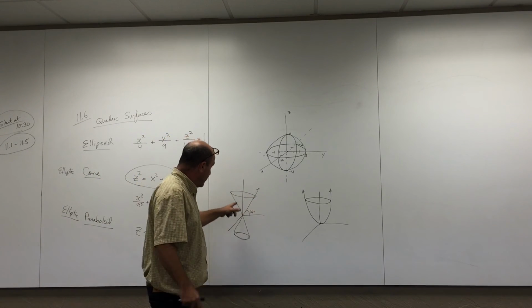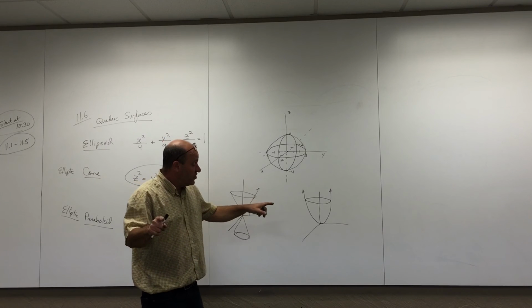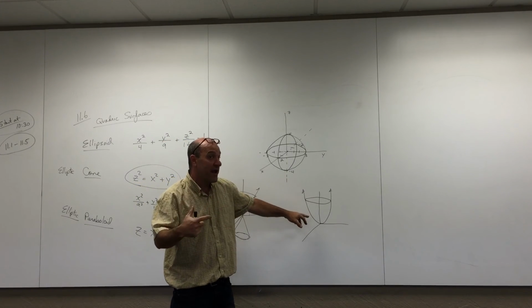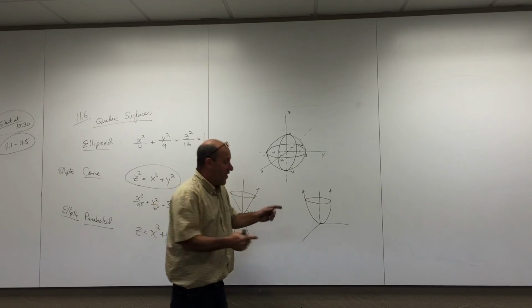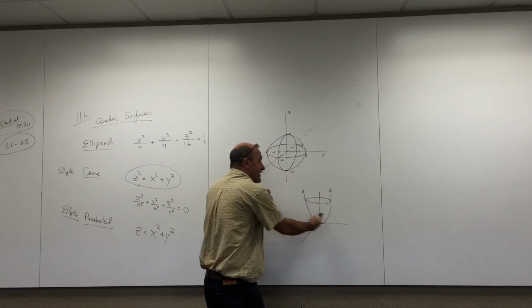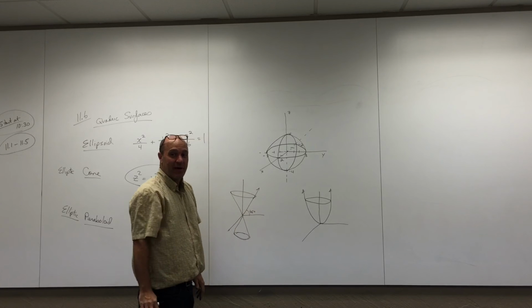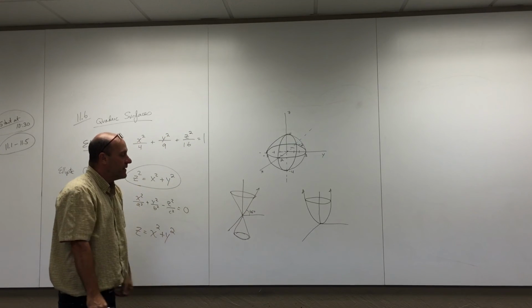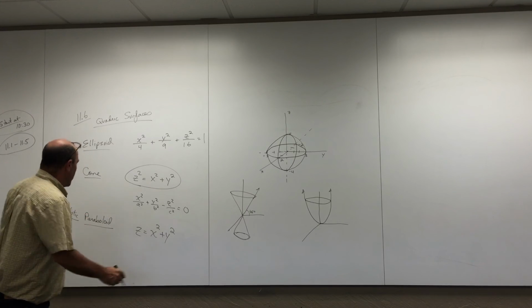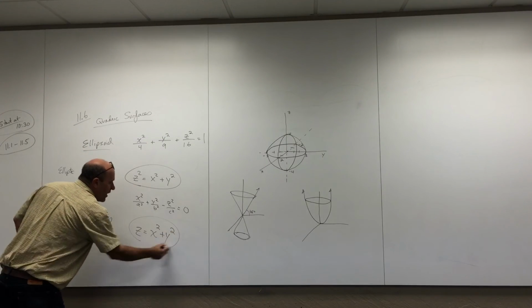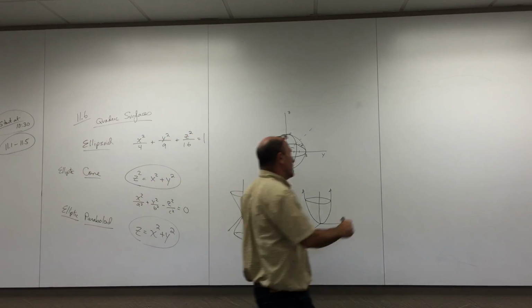This particular one and this particular one could be generated from a 2D shape revolved around an axis, because of the symmetry of the shape. Anyway, 1, 2, 3, 4. Okay, one more for you here. One more and then we'll quit.